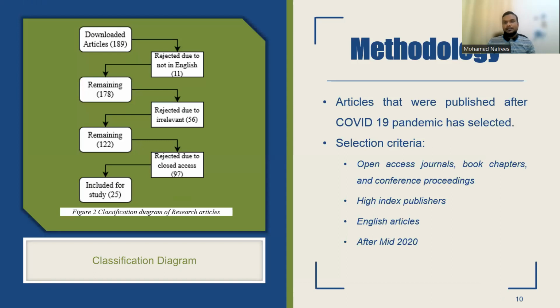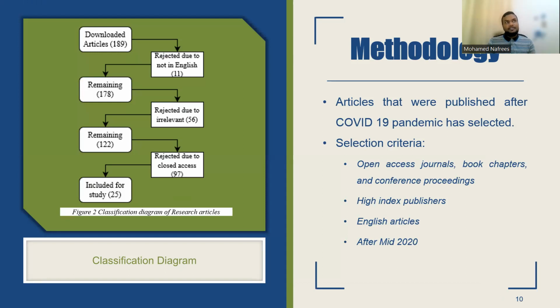The next part is the methodology. As I told you earlier, I have conducted this study based on a systematic literature review. We all know that around the globe, all the educational sectors moved purely to e-learning. The sudden movement happened after the COVID-19 pandemic.